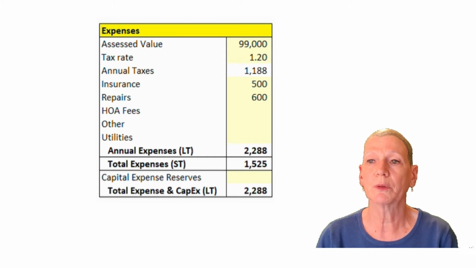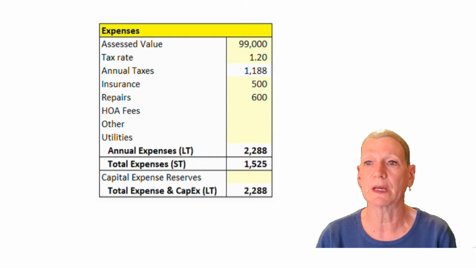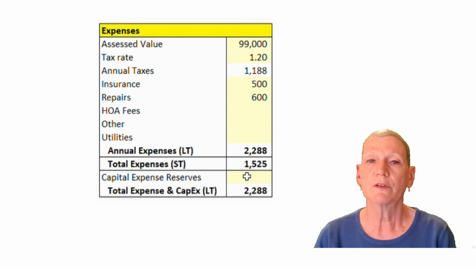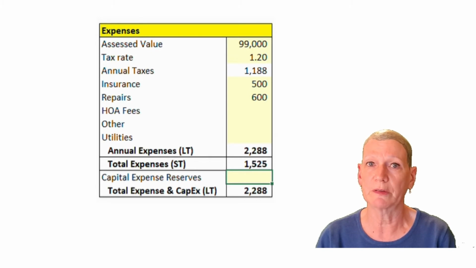The last thing that we want to include in our expense calculation is some type of set aside for capital reserves. These are the big ticket items like roof, heat pump, that sort of thing, that if you hold a property long enough, you will need to pay. Even if you do a full rehab, replacing those items at the beginning, if you hold the property for 15 years, 20 years, 30 years, at some point you will have to replace those items.